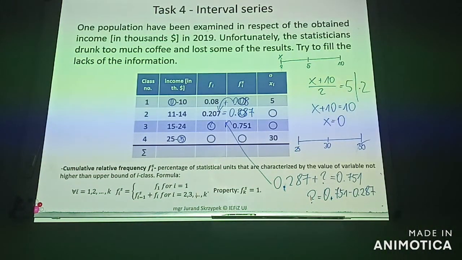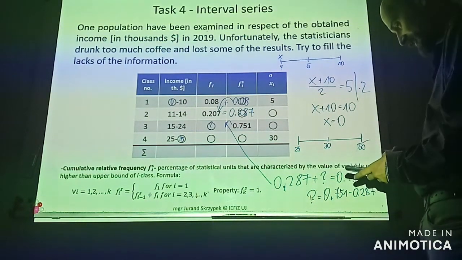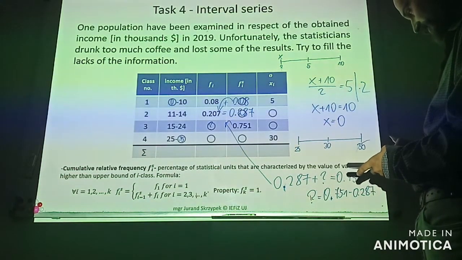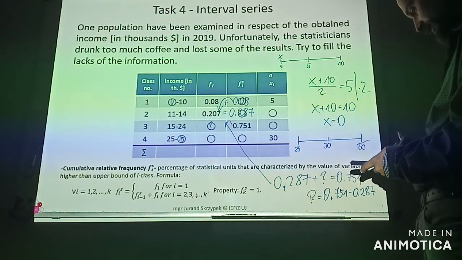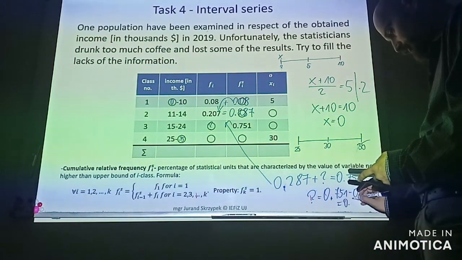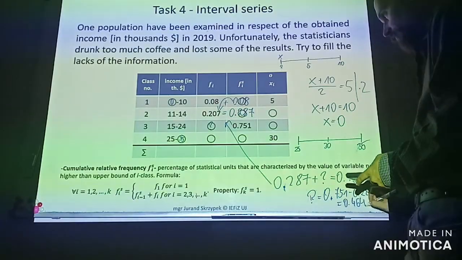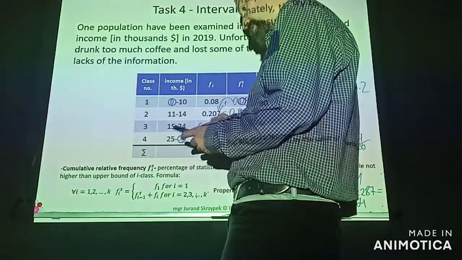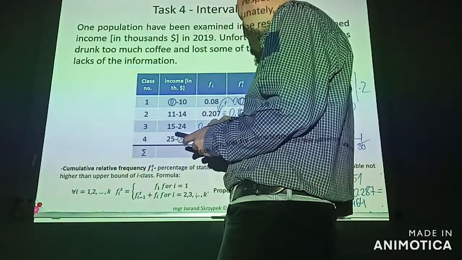Okay, it's almost 7 p.m., so I will use a calculator. 0.751 minus 0.287, and the result is 0.464. Yeah, here we have 0.464.